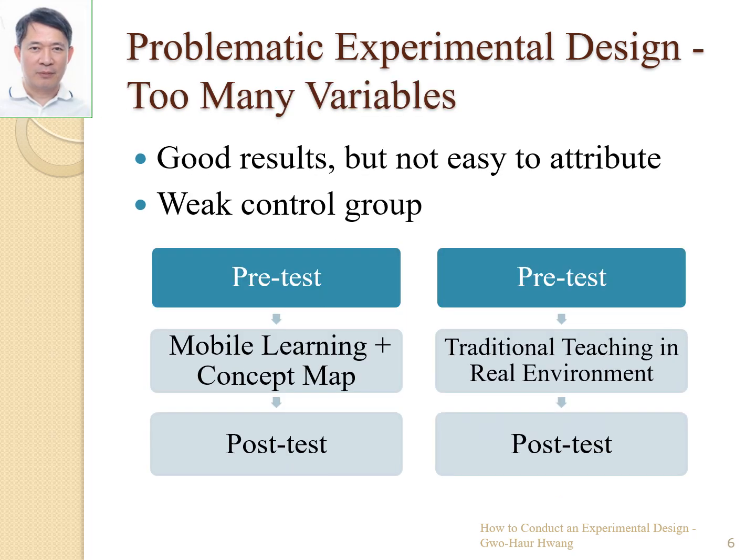The second problem with this experimental design is that it involves too many variables simultaneously. We mentioned before that if you give two variables simultaneously, even if you find a good result, you can't conclude which intervention caused it. For example, the experimental group had mobile learning plus concept mapping, while the control group only had traditional learning, no mobile learning, and no concept mapping.